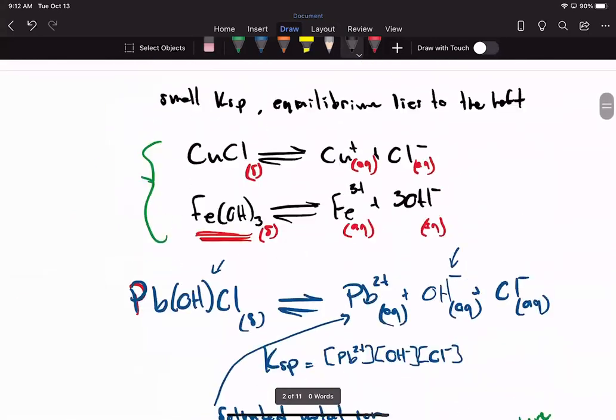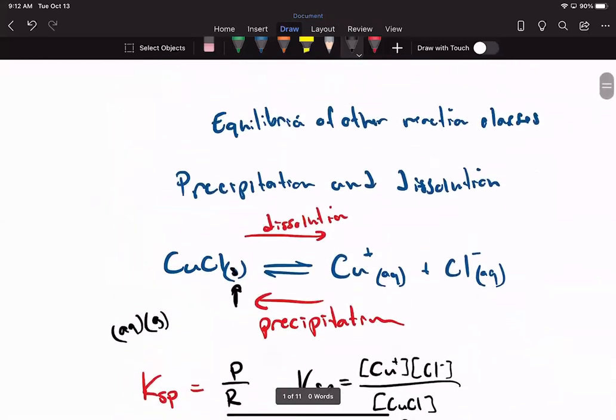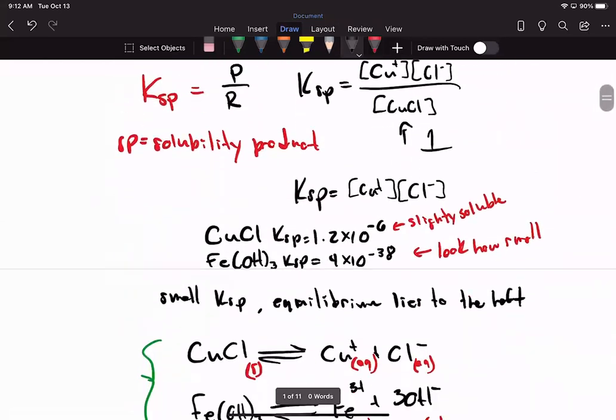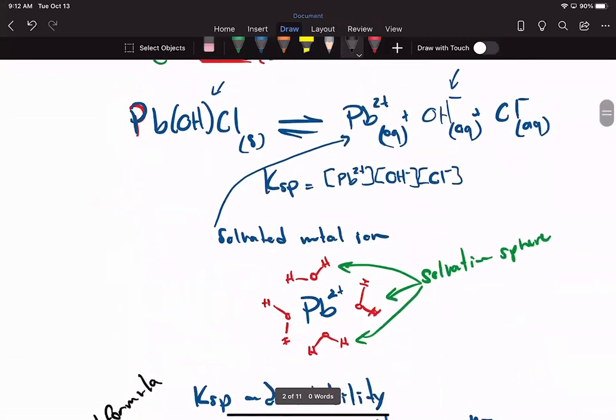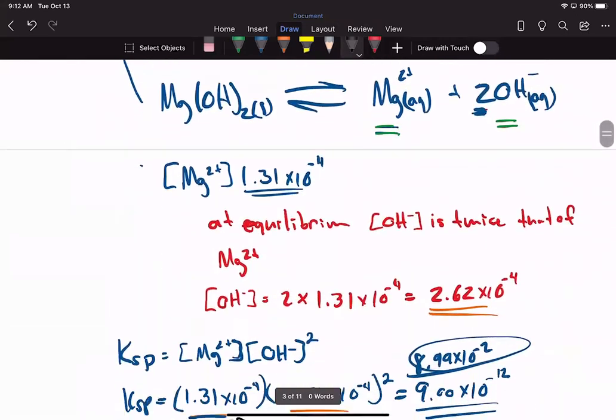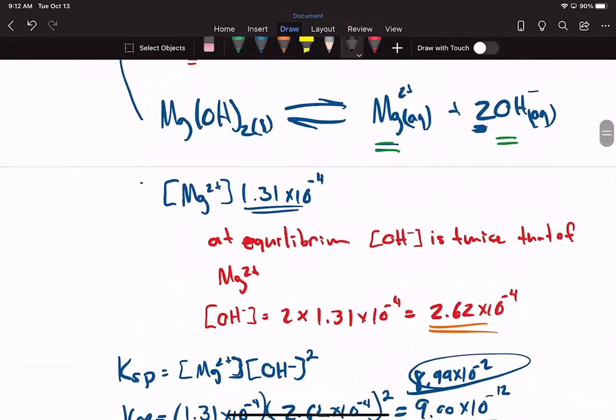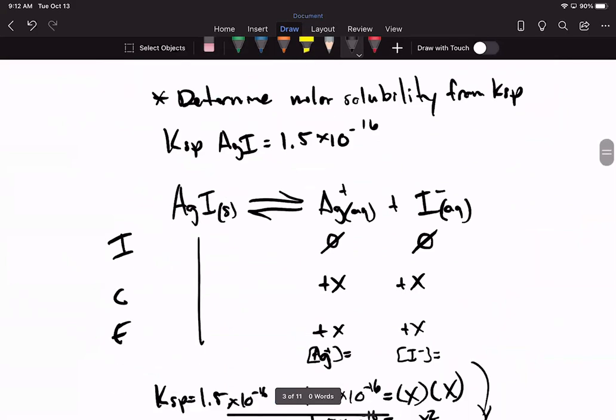If I'm given the final concentration of a compound, I know that the other aqueous ion is either twice that much, three times that much, or exactly the same, from the reaction that we make.